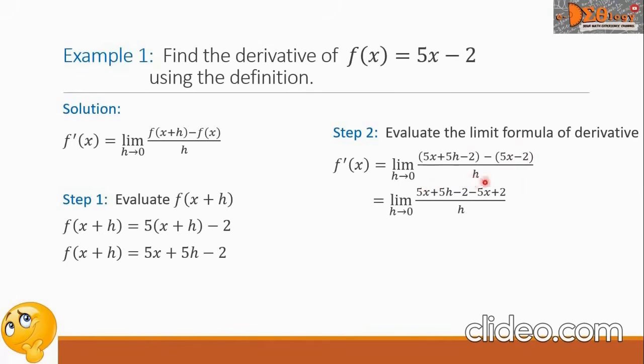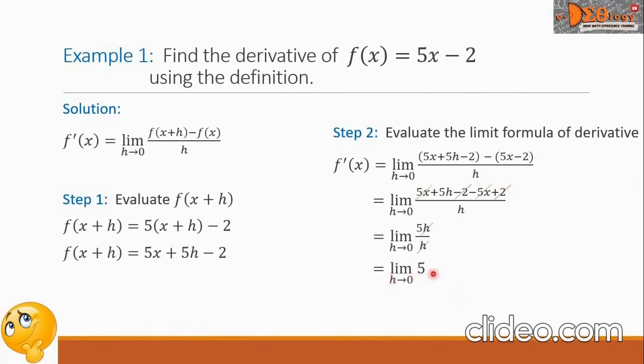We have negative 5x here, so they zero out each other. The negative 2 and the plus 2 will be 0 also. Writing again in simplified form, our function now becomes 5h over h. The h and the h can also cancel out. Our function is now simplified into a constant 5.